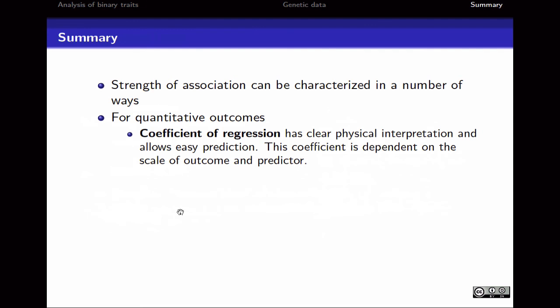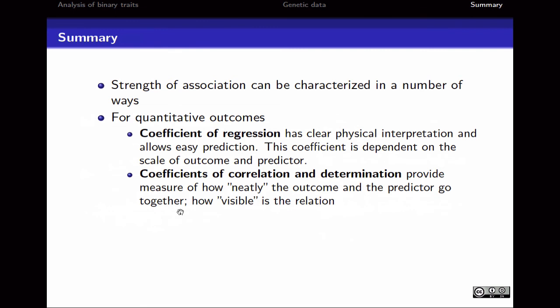So when we talk about quantitative outcomes, the coefficient of regression has a clear physical interpretation and allows easy prediction. This coefficient is dependent on the scale of outcome and predictor though. Then coefficients of correlation and determination provide a measure of how neatly the outcome and the predictor go together, how visible is the relation between two variables.